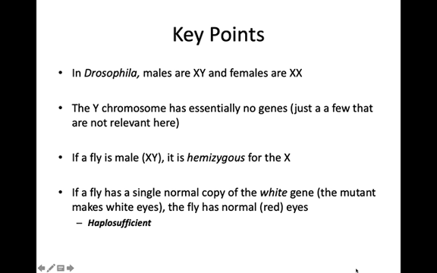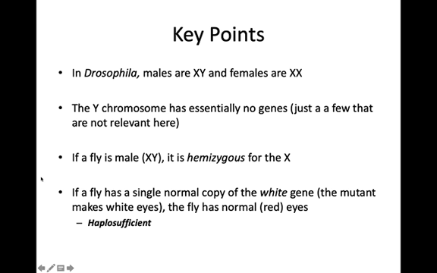And that is, therefore, why we say that a male Drosophila, which is XY, is what we call hemizygous for the X. You can't be homozygous because you only have one X. You can't be heterozygous because you only have one X. But hemi means half, and so you're half zygous for the X. So any gene that you have on there, you're not homozygous for it because you don't have two copies. You're hemizygous for it.